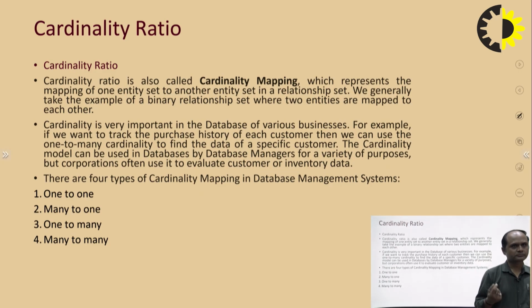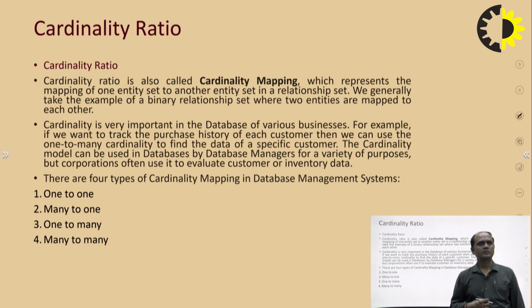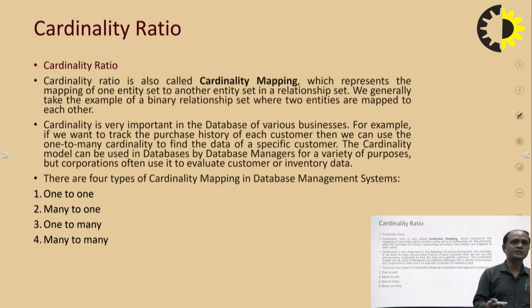So there are some cases in a particular database. Suppose we want to track the purchase history of each customer, then we can use the one-to-many cardinality to find the data of a specific customer.